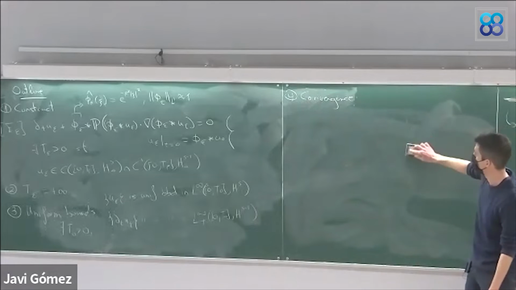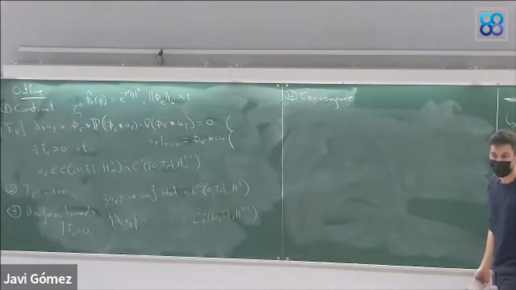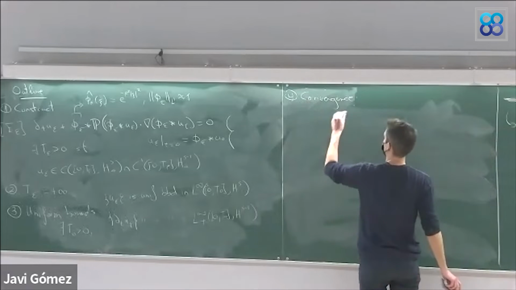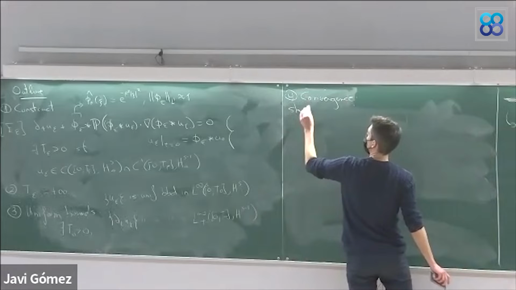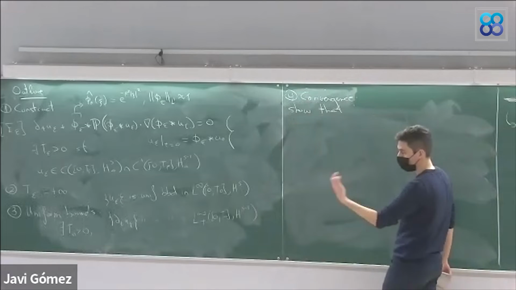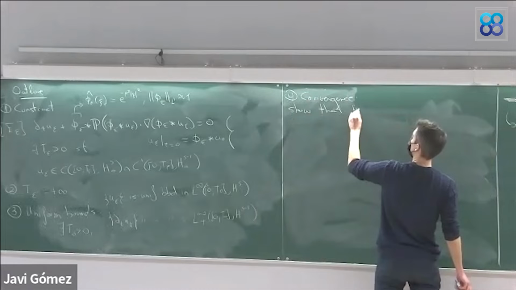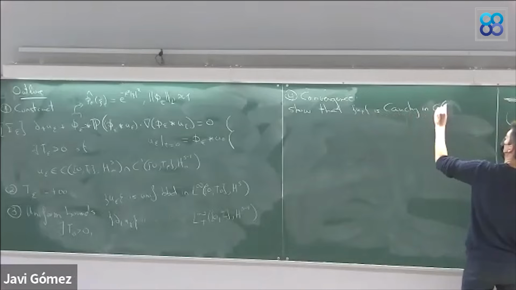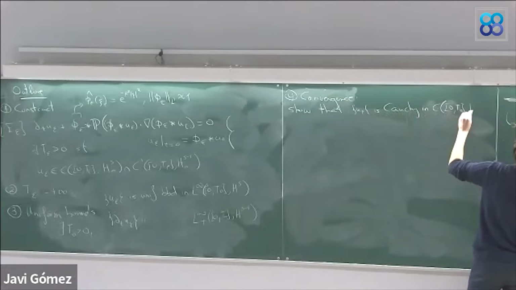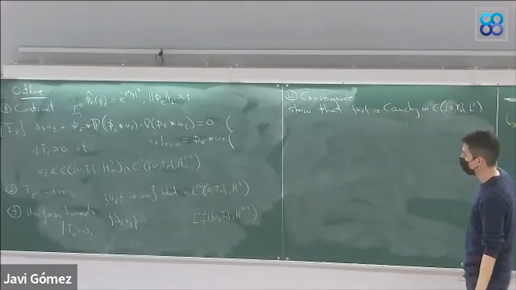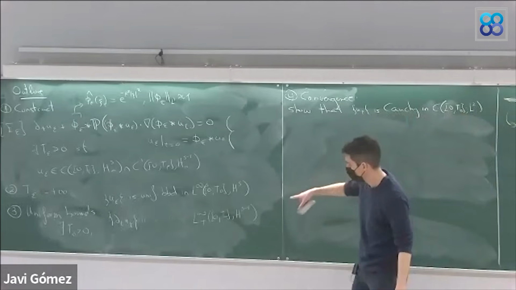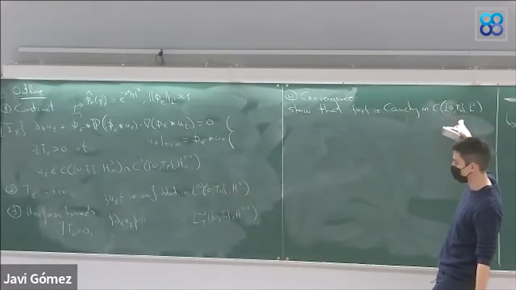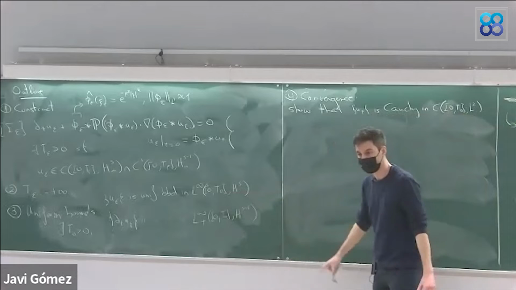One can use some kind of Aubin-Lions theorem, but for this case, we will just show that the sequence is Cauchy in a lower regularity space. And by the uniform bounds, it will inherit this regularity properties. Okay, so we will have a strong convergence in this space with this uniform bounds.